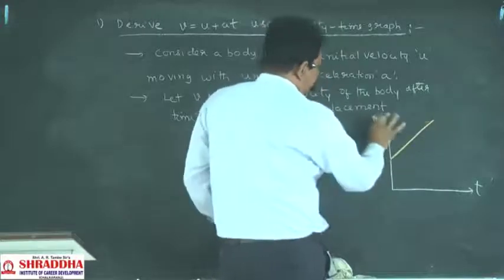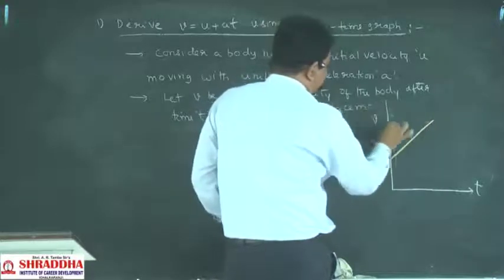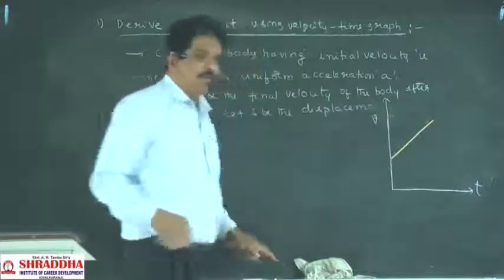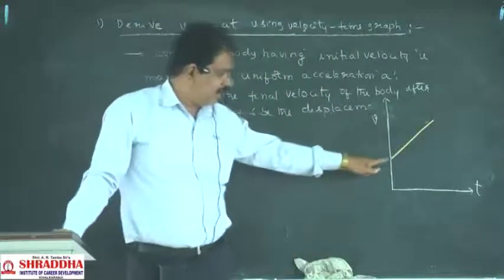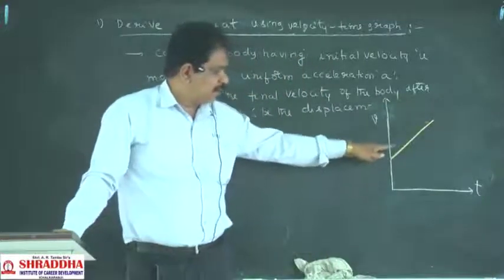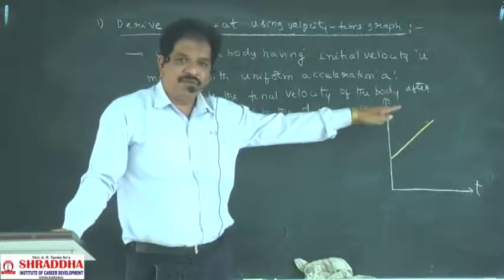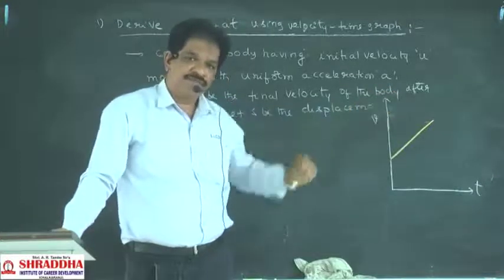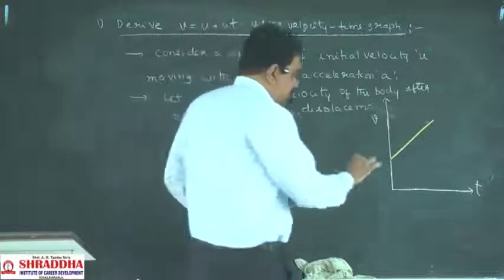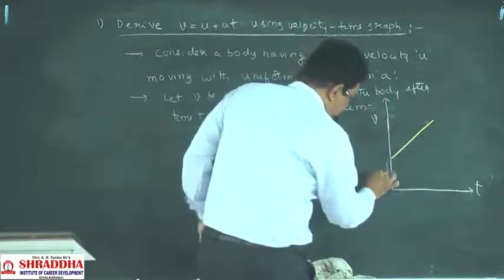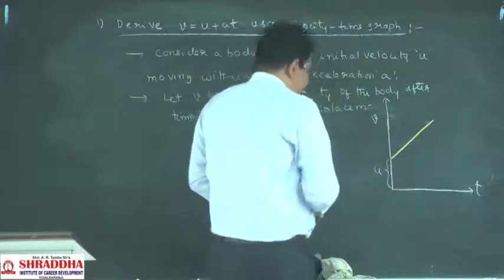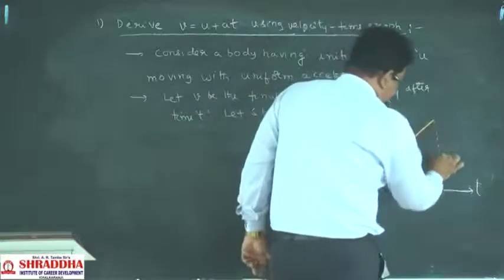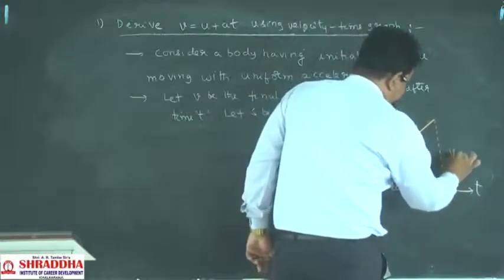Clear? So what is it representing? The body is having initial velocity, and the body is moving with uniform acceleration. Clear? So this will be equal to u. This will be equal to v.